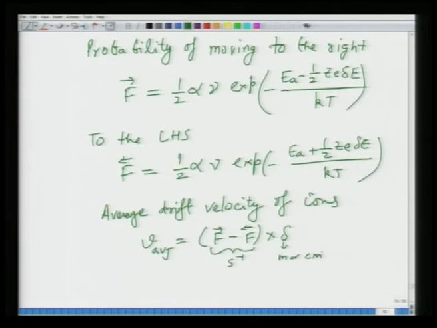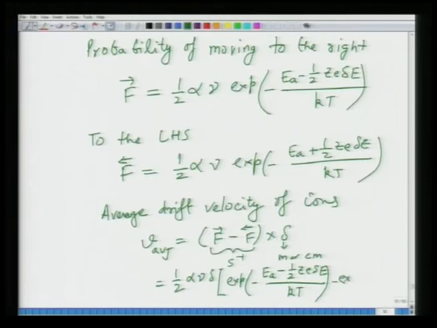So, this will be velocity, unit meter per second, and this would be nothing but half alpha nu delta into exponential of minus of EA minus half Z E delta E by KT minus exponential of minus EA plus half Z E delta E by KT.